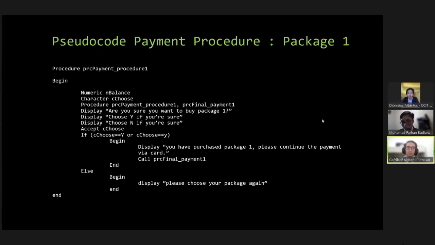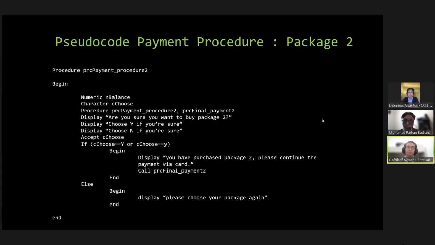And if their choice is equal to Y, or equal to Y but not capitalized, then we can begin displaying that confirmation and call the next procedure, which is the final payment. Or else, we will display a message to choose your package again and end the system. Payment procedure 2 is the same as payment procedure 1. The only difference is that we call final payment 2 instead of 1.